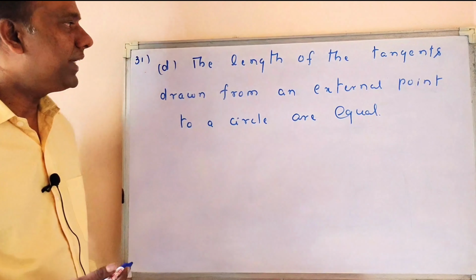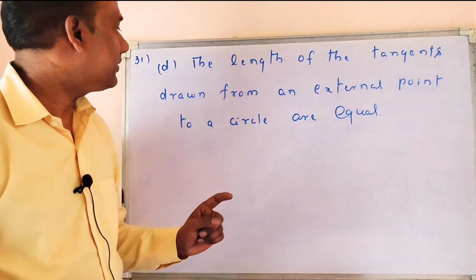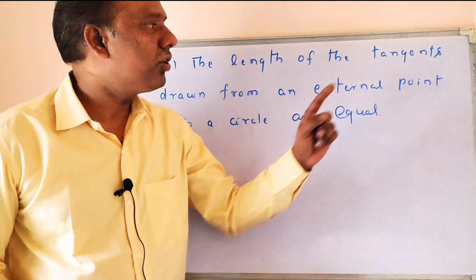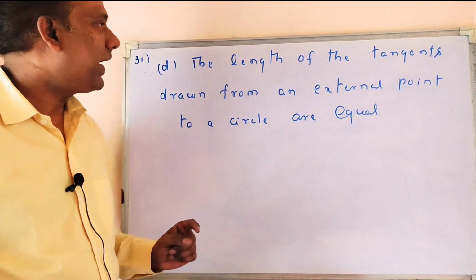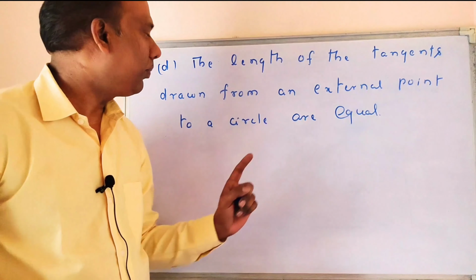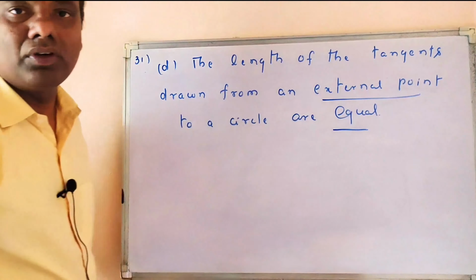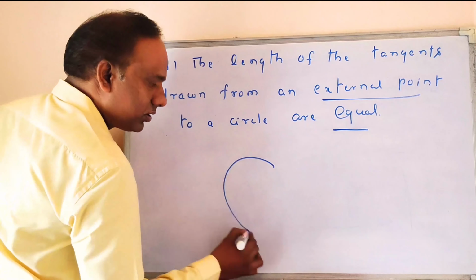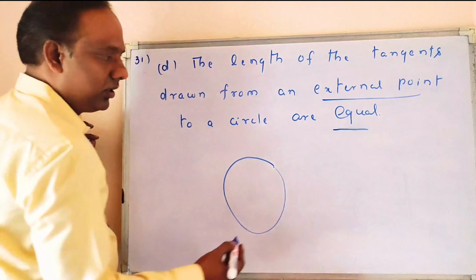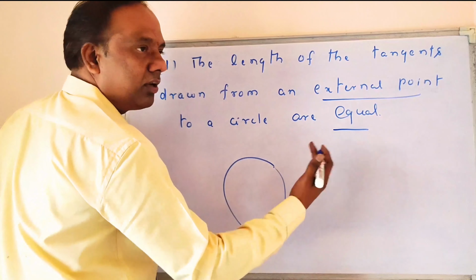But in option D they gave that the lengths of the tangents drawn from an external point to a circle are equal. So please observe here. Suppose it is a circle and this is the point. External means outside.